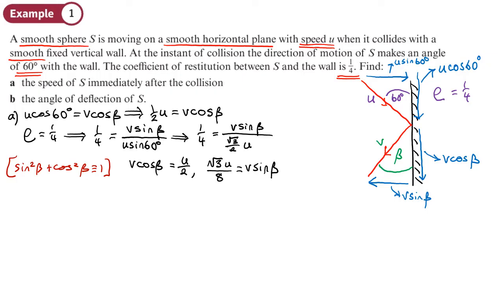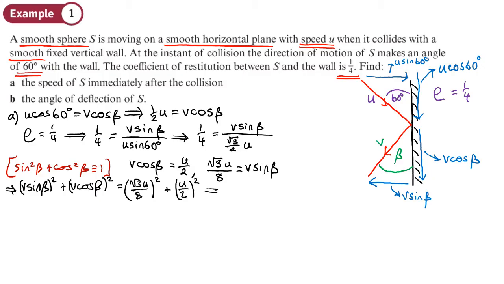So now I will square both of those. So v sine beta all squared plus v cos beta all squared, so that's like my sine squared plus cos squared, is going to equal this root 3u over 8 squared plus u over 2 all squared.